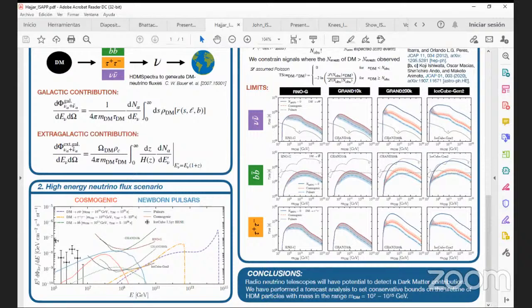Basically, this will lead to lower constraints, because if we have a higher number of expected events, we expect that dark matter would need lower lifetimes in order to produce a visible signal. I don't know if this answers your question.